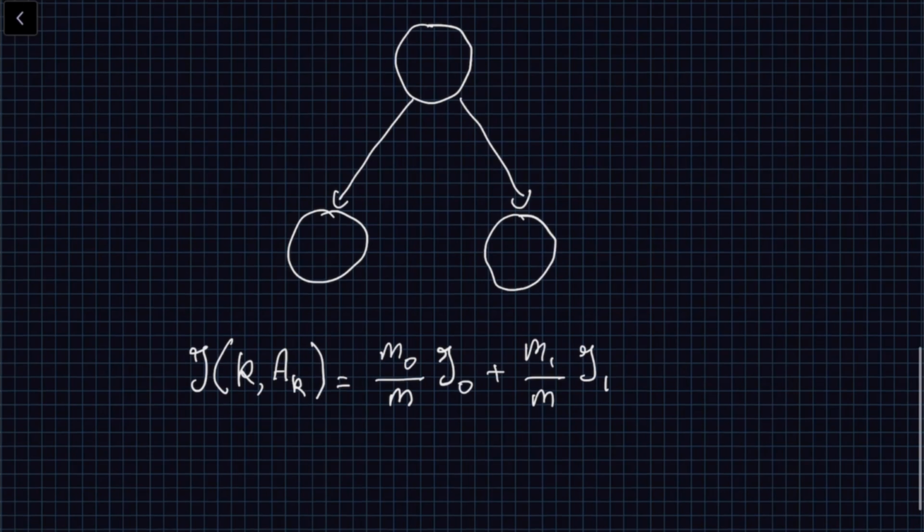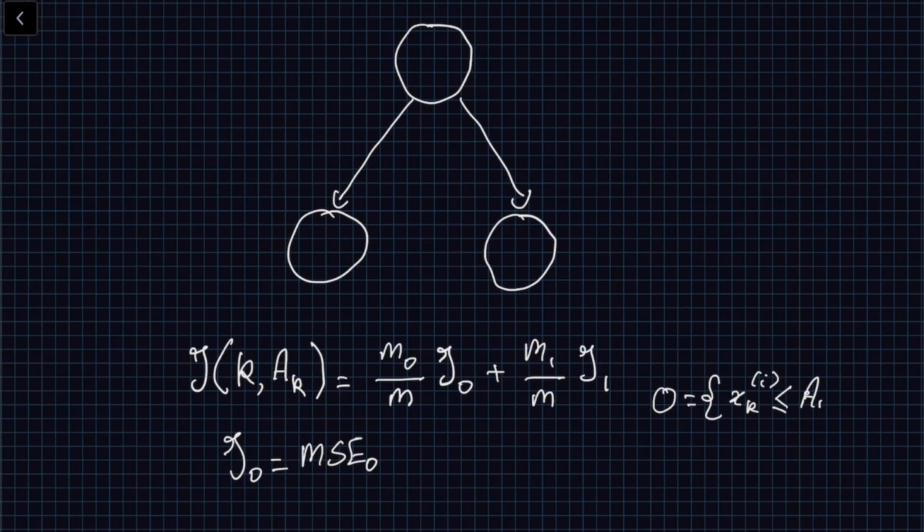So your J0 would be MSE0, that is for those points in class 0, where the points are such that their x_k's were smaller than a_k, and class 1 was the opposite. Okay, so J0 would be the MSE for those points in class 0, and J1 would be the MSE for those points in class 1. So how do you compute the MSE in this case?